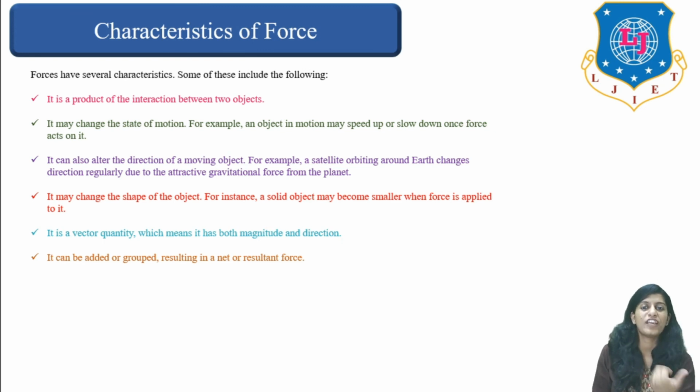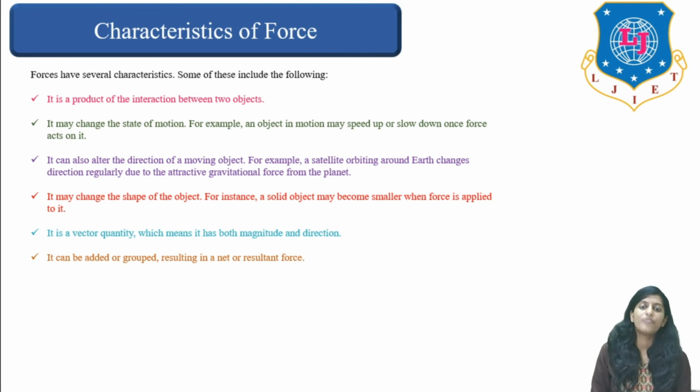So it is F equals minus K into X. X is the distance traveled by the spring from its equilibrium position. Clear? And K is our spring constant, which is a measurement of stiffness of our spring.